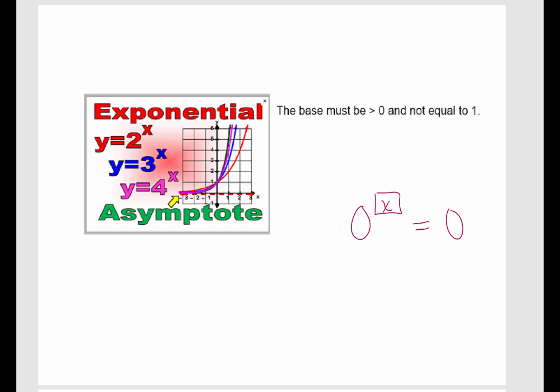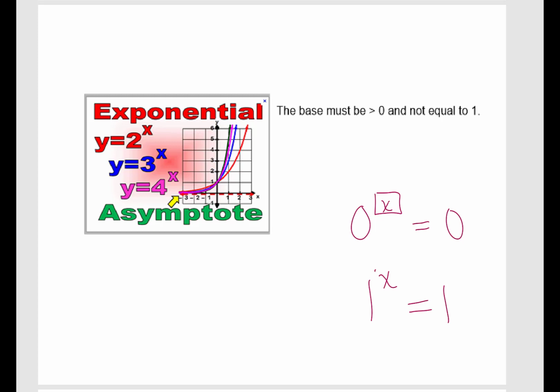And then it can't be equal to 1 because, again, 1 to whatever power, it doesn't matter what we put there, it's going to give me 1. 1 to the 8th power is 1. 1 to the 2nd power is 1. And so that's why it has to be greater than 0 and also not equal to 1.